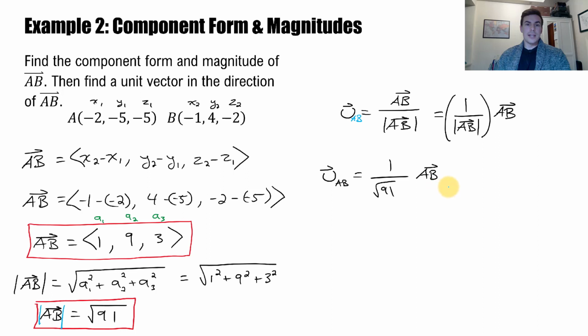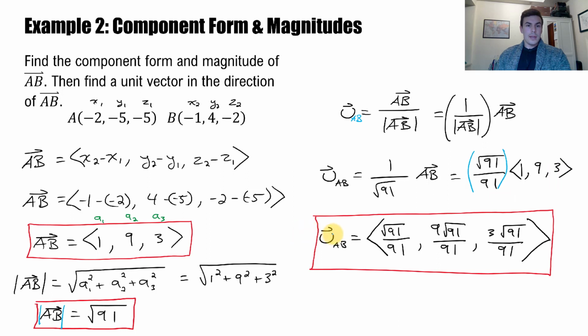If I go ahead and rationalize this, I'll have root 91 over 91, and then multiplying that by our vector AB. Again, this is our scalar, and we're multiplying our vector through. So we just multiply the scalar to each component of our vector, and we'll get the unit vector for AB looking like this.